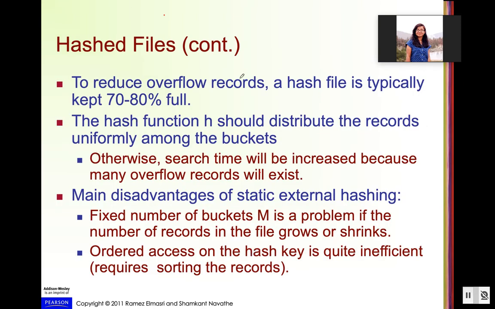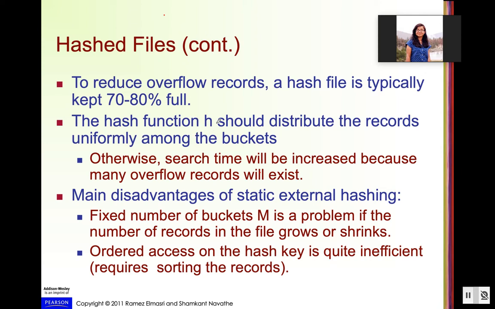To reduce the overflow records, the DBMS typically keeps a hash file 70 to 80% full. Means the DBMS doesn't completely fill the hash file. Instead, it typically keeps it about 70 to 80% full.